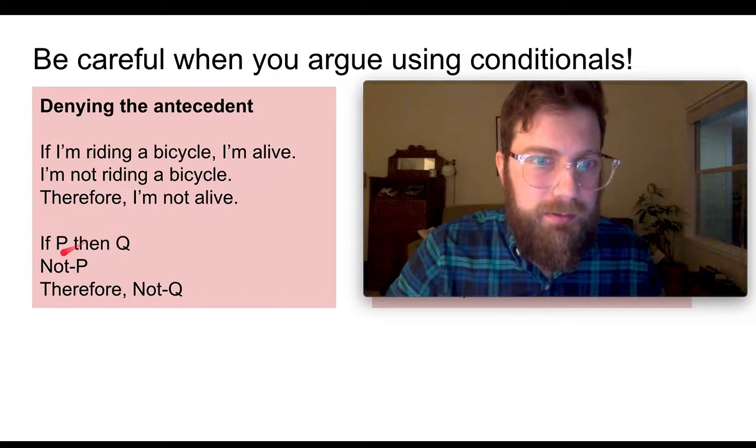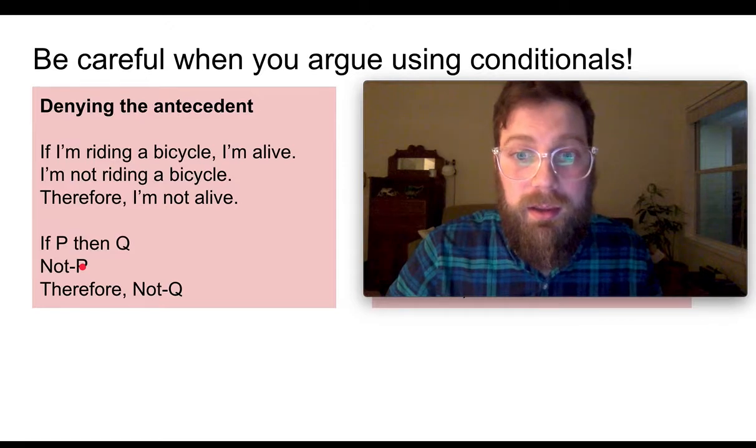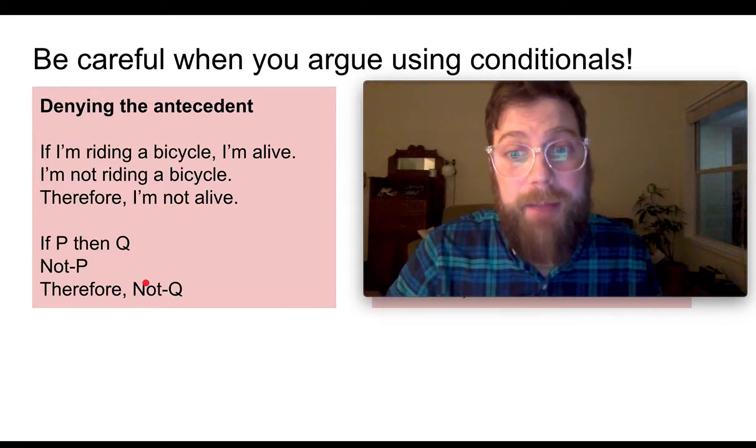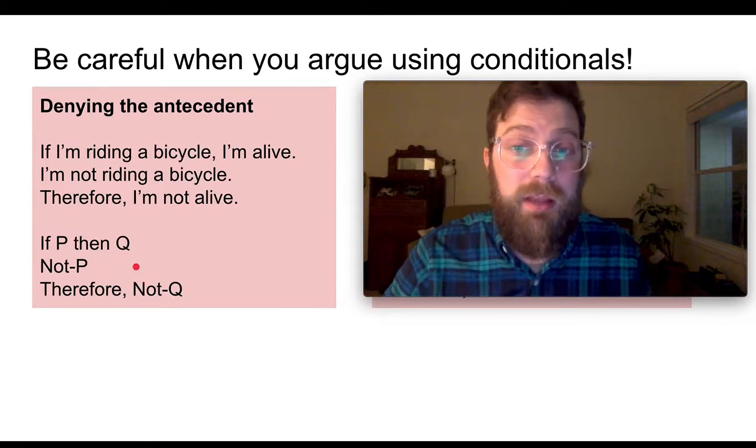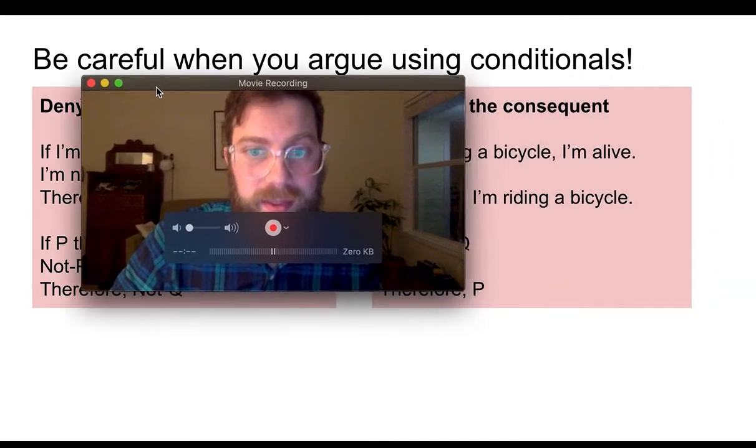So that one, again, says if P then Q, not P, therefore not Q. And we say, look, just because P guarantees Q, the absence of P isn't a guarantee of the absence of Q, because there can be a lot of different ways that Q might be brought about, is the thought.